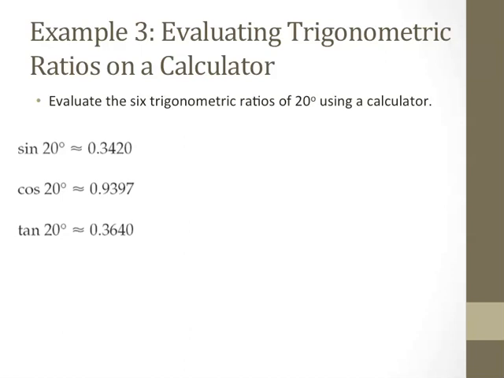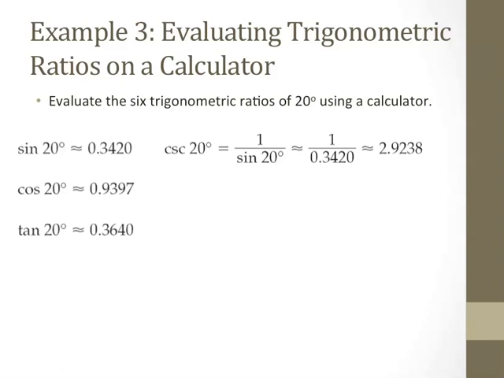Now again, you're being asked to find all 6 trig ratios. So now we're going to have to find the reciprocals. Again, remember, using sine -1 is not going to help us find the reciprocals of sine, cosine, and tangent. So we're just going to find the reciprocal of 0.3420. Well, that's 1 over 0.3420, which is equal to about 2.9238.